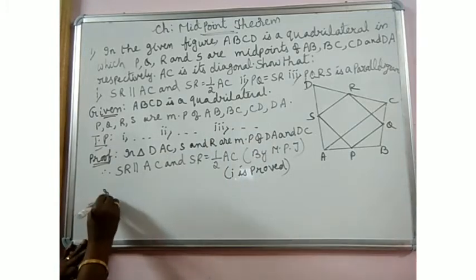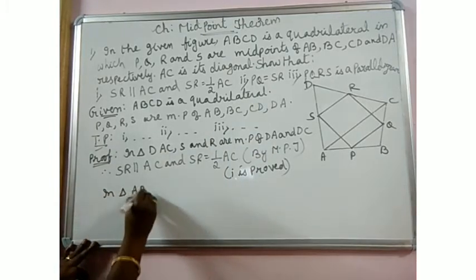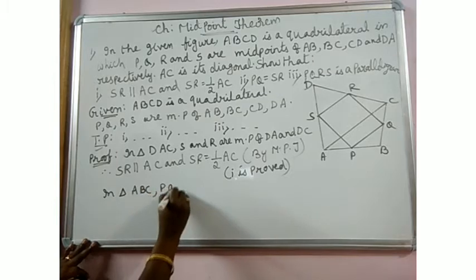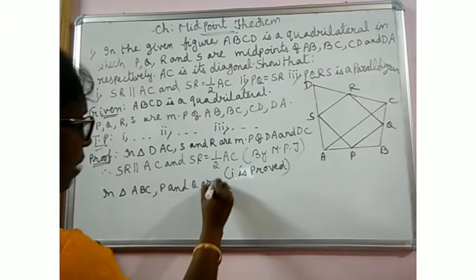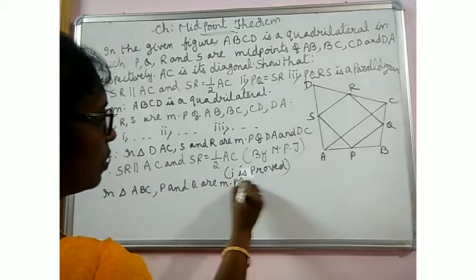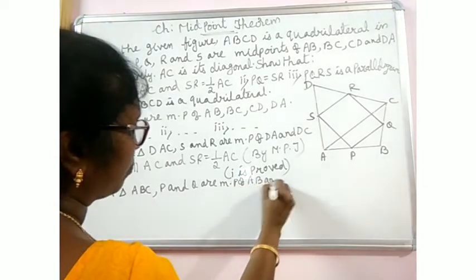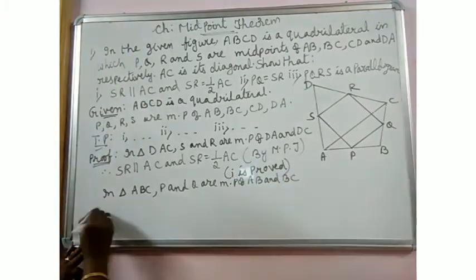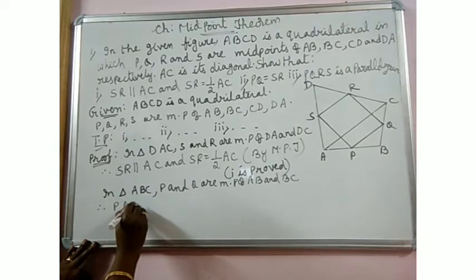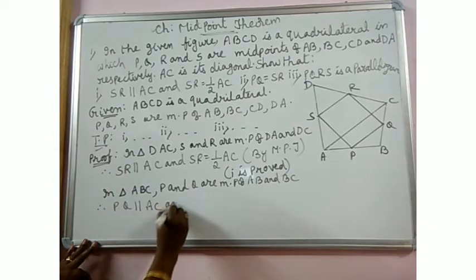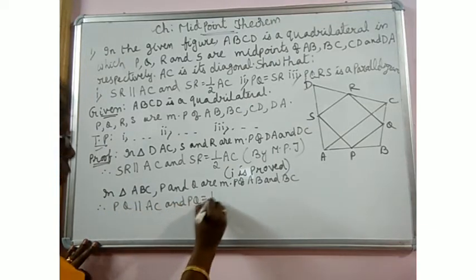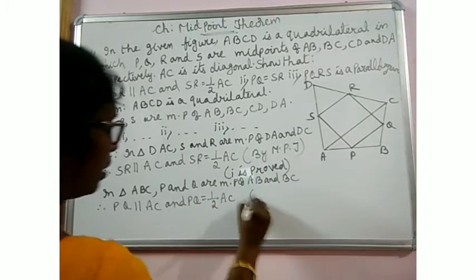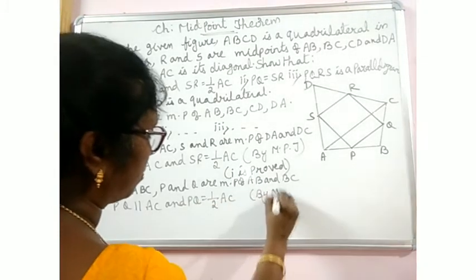So now, in triangle ABC, P and Q are midpoints of AB and BC. Therefore, PQ is parallel to AC and PQ is equal to half of AC. This is also by the midpoint theorem.